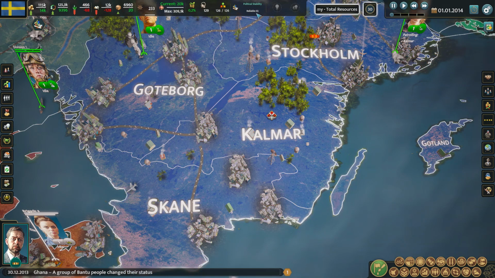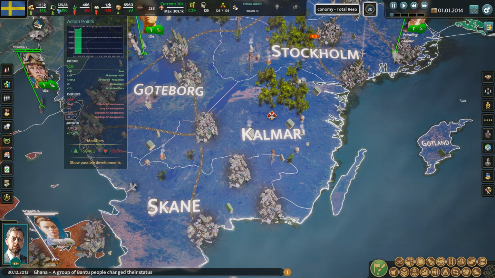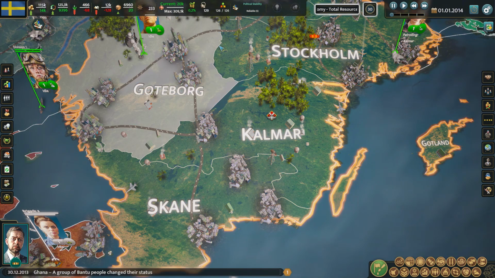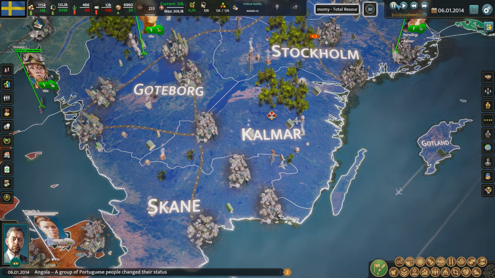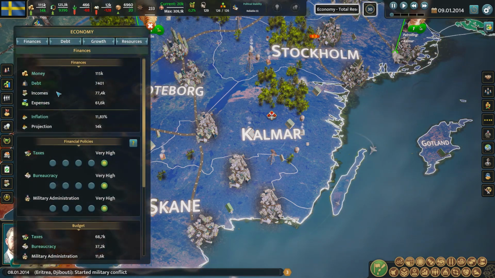What is important for the economy is also political stability. It allows you to fare better. It allows you to survive longer, with more money coming in, with more resources coming in, if you actually manage to bring your country to stability.